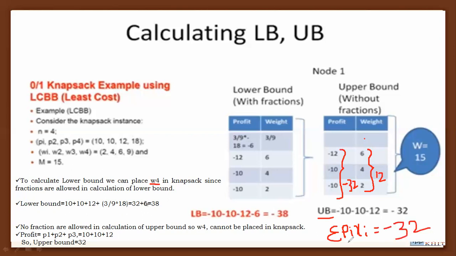There is a formula for calculating the upper bound: upper bound equals the sum of Pi xi, so here P1 x1 plus P2 x2 plus P3 x3. The value is minus 32. So the upper bound equals minus 32.